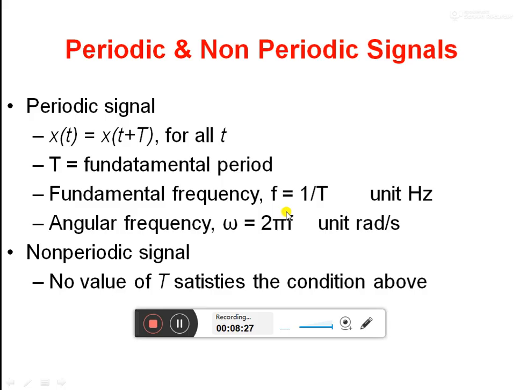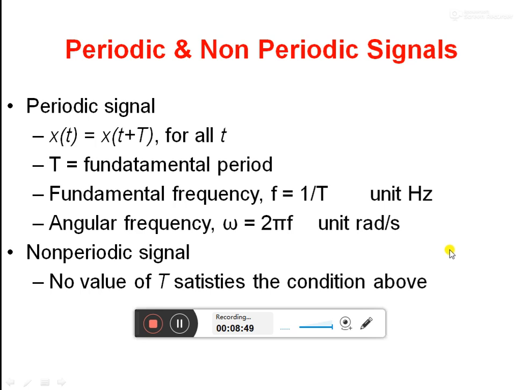In the continuous form, I represent the periodic signal as x of t equal to x of t plus capital T, and the angular frequency corresponding to this continuous time signal is represented as omega equal to 2 pi f in radians per second.